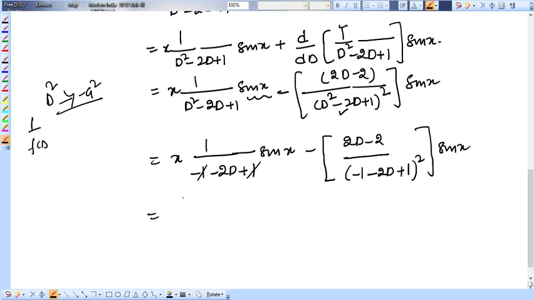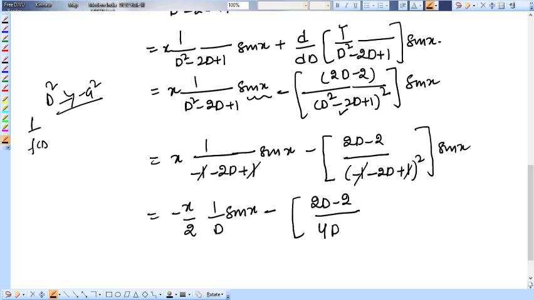So the 1s cancel, and you will have x by 2 minus x by 2 times 1 by D sin x, minus (2D minus 2) divided by, here also 1 cancels, so it would be 4D square, on sin x.